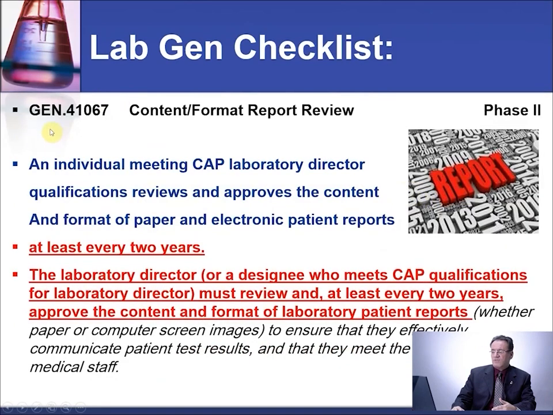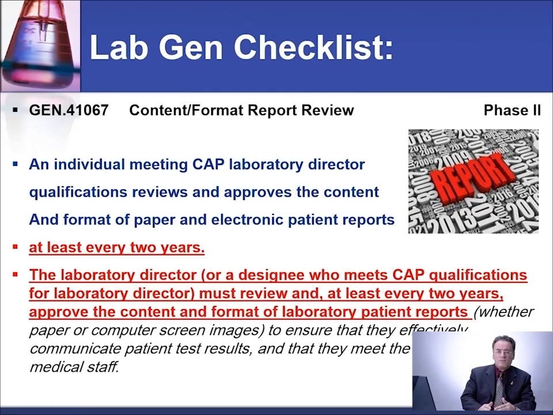The next one is GEN.41067, content format report review, and this needs to be done every 2 years also. How do you do that? For each section, for the tests you report patient results on, either you get a printout from the instrument for all your tests, okay?